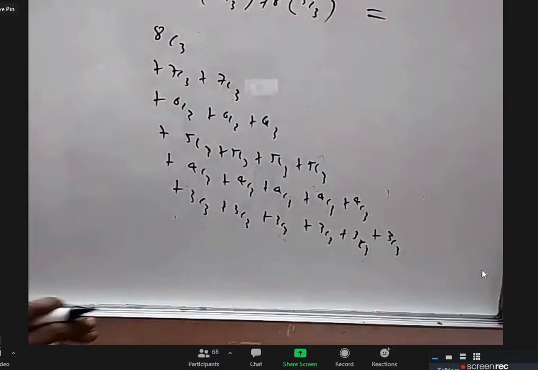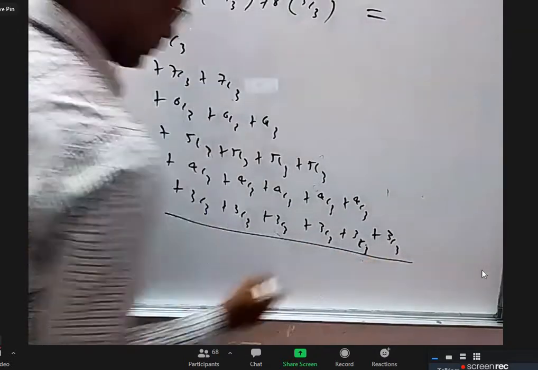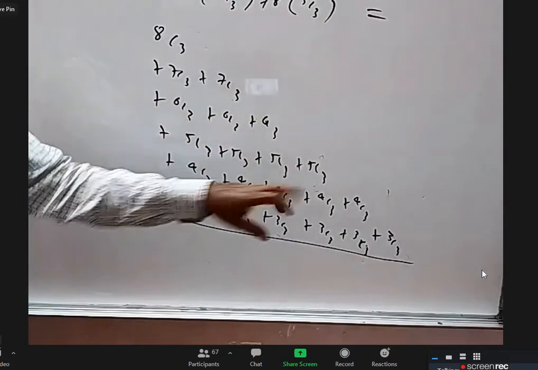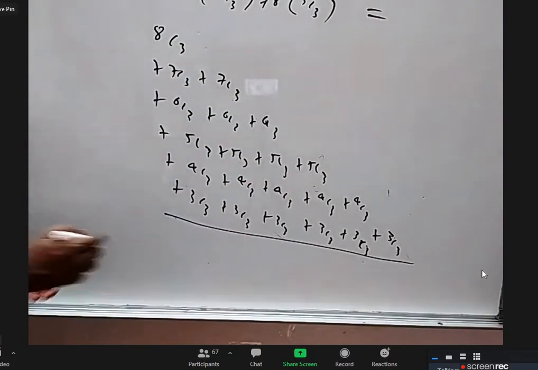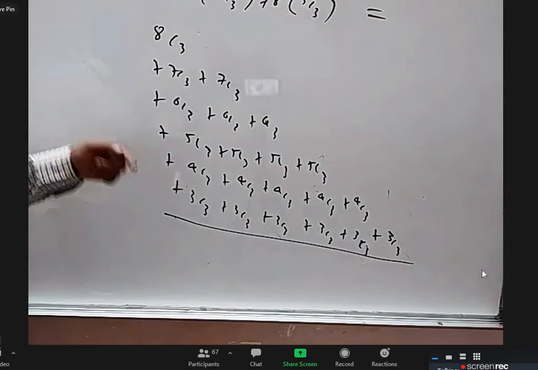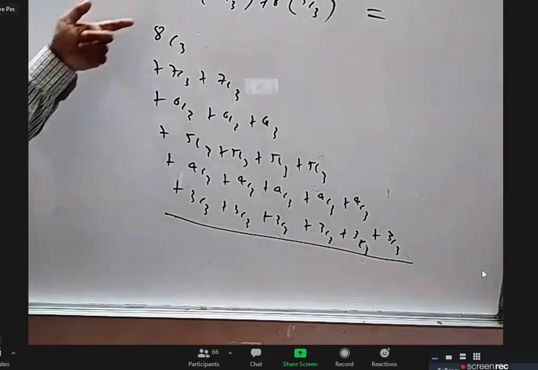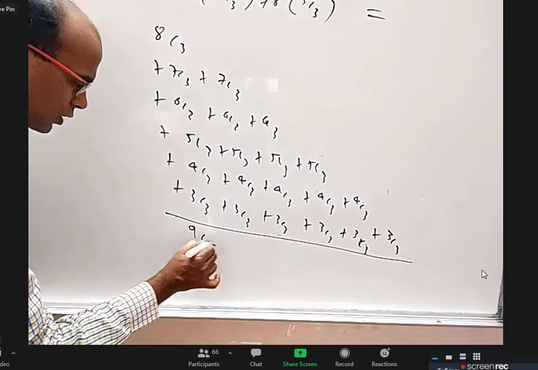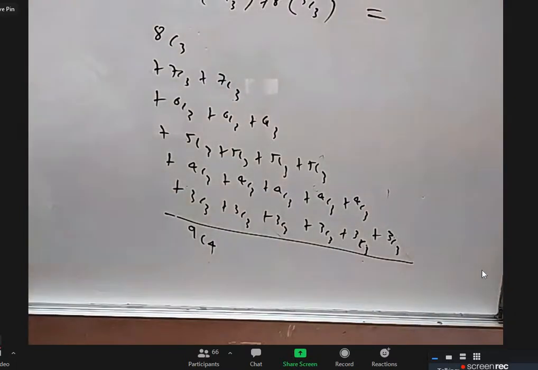Now when I add all these things, I wrote 8C3 once, 7C3 twice, 6C3 3 times, and so on. If I add the first column, 3C3 plus 4C3 plus 5C3 plus 6C3 plus 7C3 plus 8C3, anybody want to tell what will come? 9C4, based on the hockey stick rule.